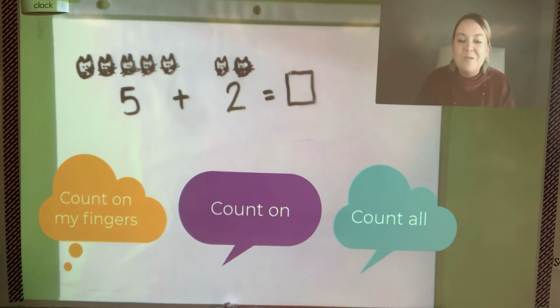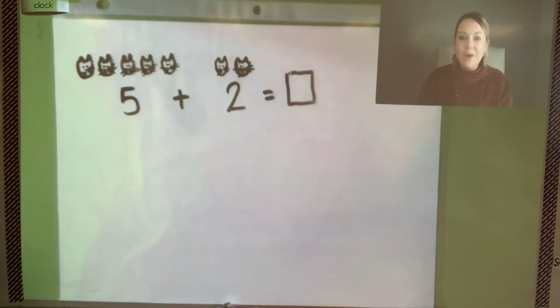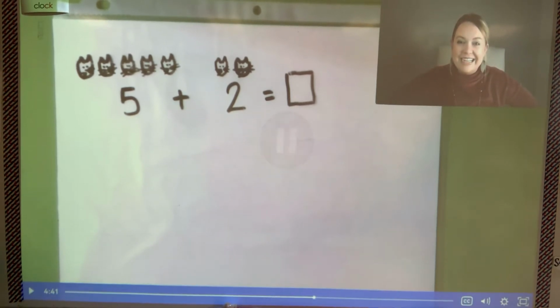That's a great strategy. Go ahead and figure out how many kittens there are in the yard. Write it in your number or your mystery box. What answer did you get? Show with your fingers. What was your answer? How many kittens are in the yard?